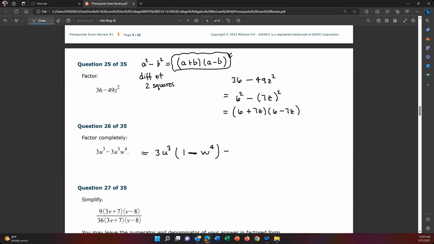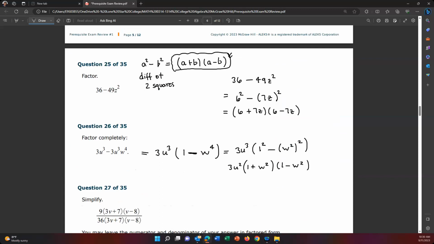This is 3u cubed times 1 squared minus w squared, squared. I recognize that this could be a difference of 2 squares, so I wrote it that way. Factoring this difference of 2 squares, we get 1 plus w squared, 1 minus w squared.